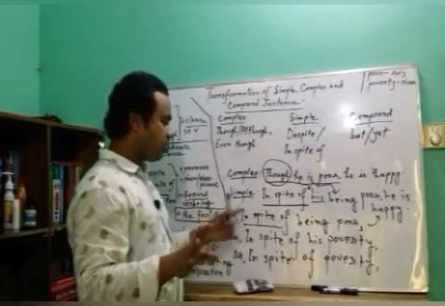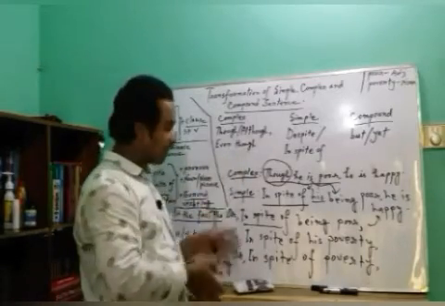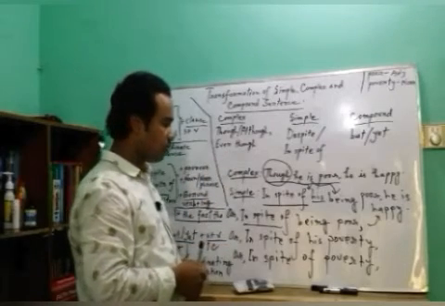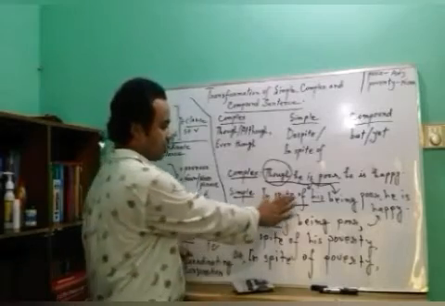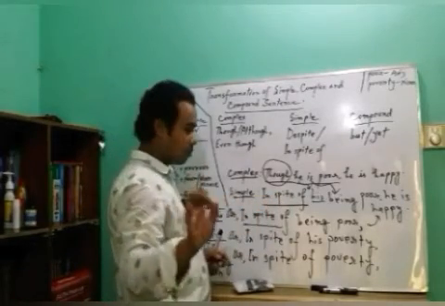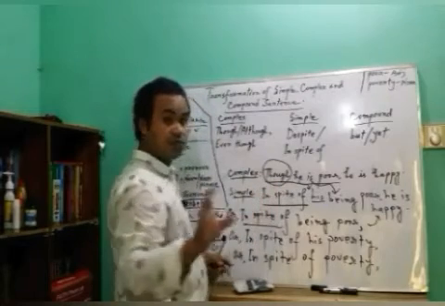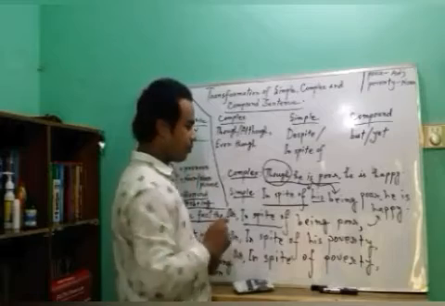So you can change this complex sentence into a simple one in these four ways. In spite of, always remember you must use of after in spite of. Don't forget that. After in spite, use of.